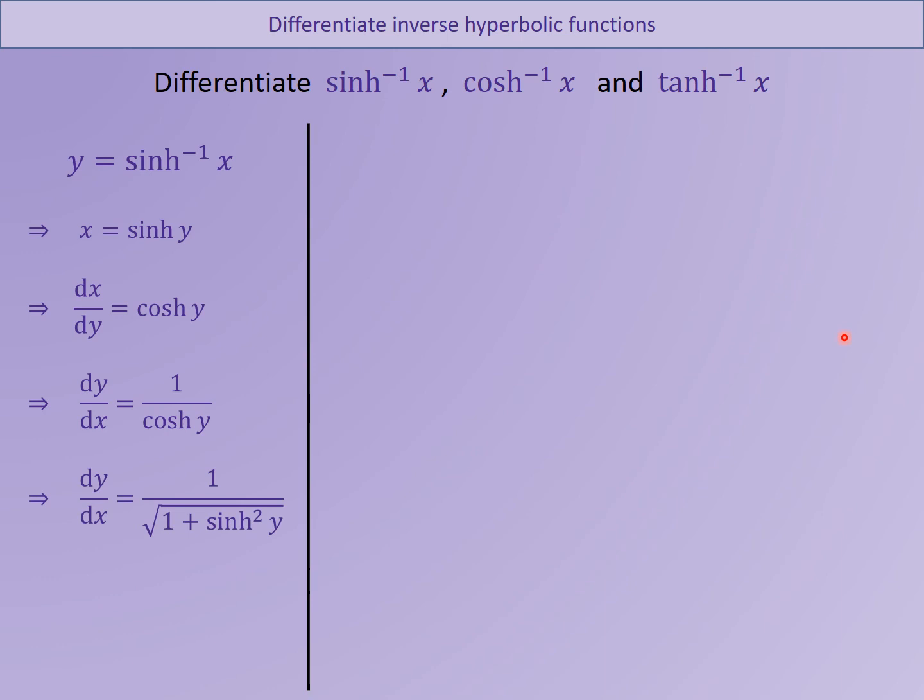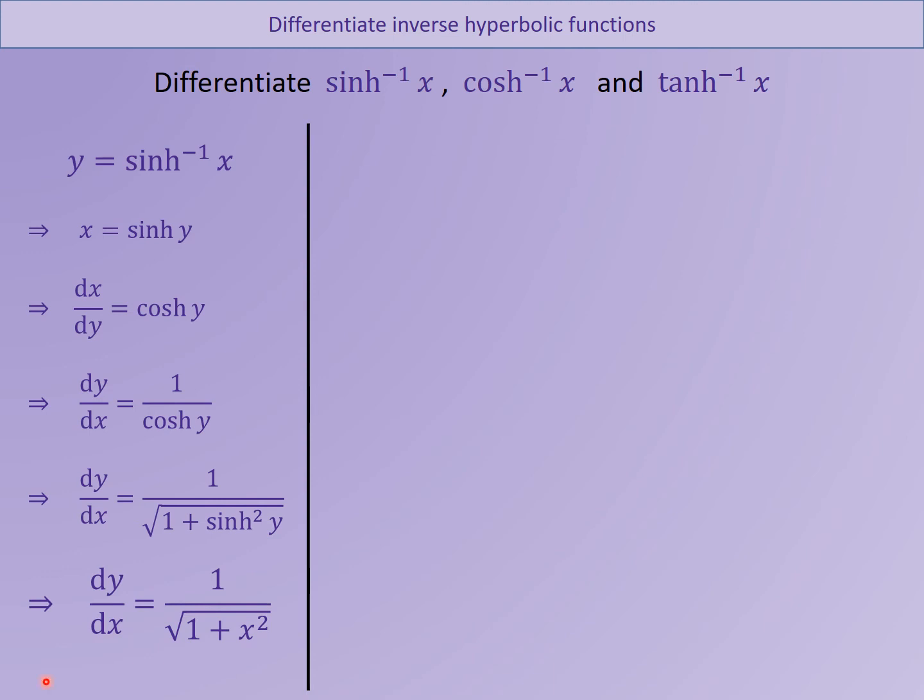We know that cosh squared is exactly the same as 1 plus sinh squared. So just check what I've done there. I've squared it and square rooted it. So I've written it as square root of cosh squared y. And I know that cosh squared y is 1 plus sinh squared y. So what does that mean then? It means your end answer is 1 over the square root of 1 plus x squared.